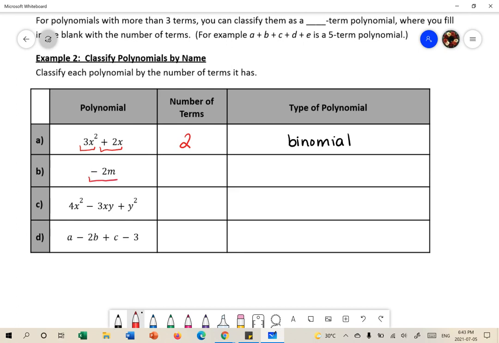This is 1 term, so we would call it a monomial. Next, 4x squared subtract 3xy plus y squared. 3 terms, we call this a trinomial.